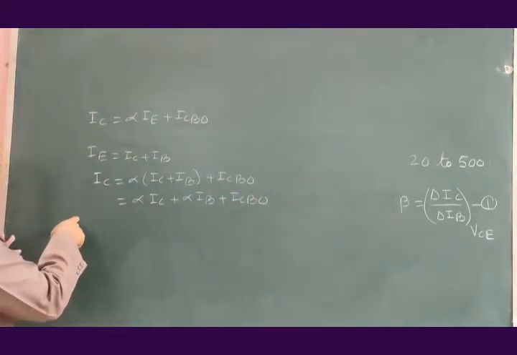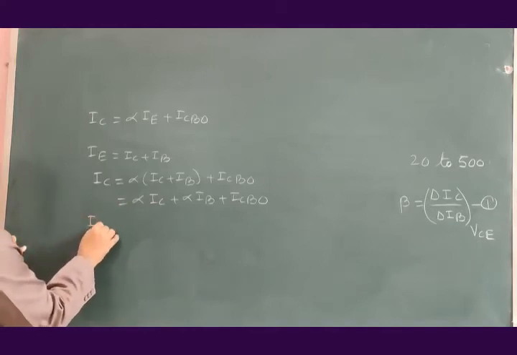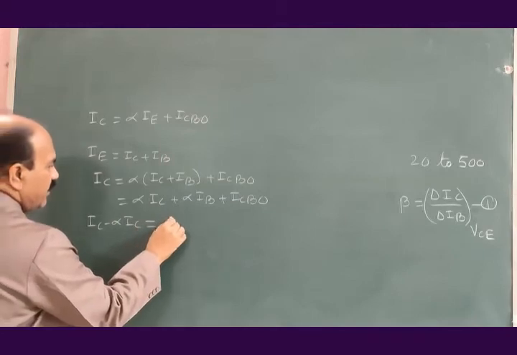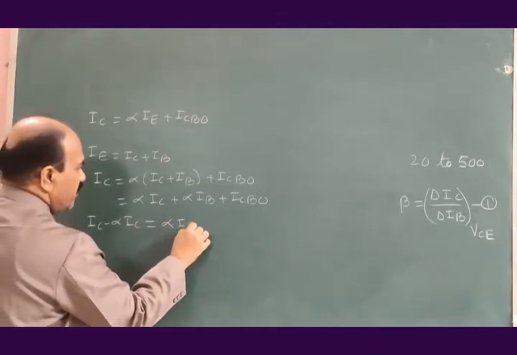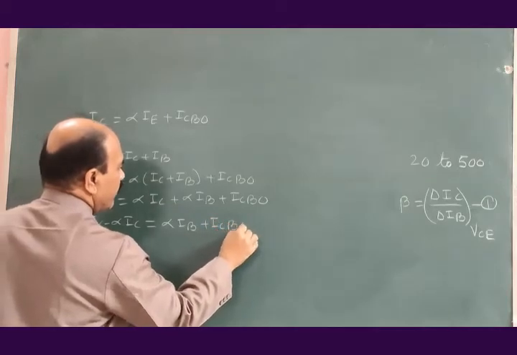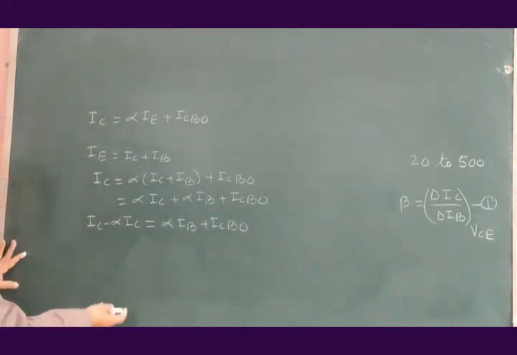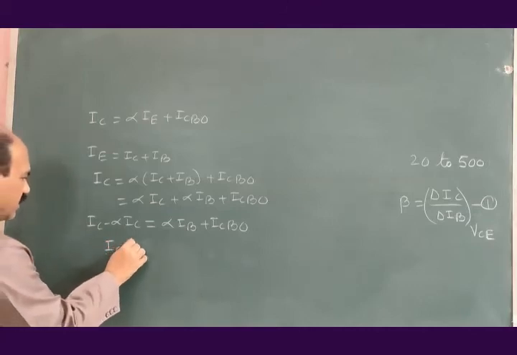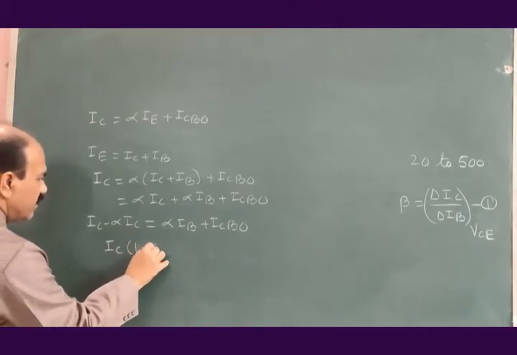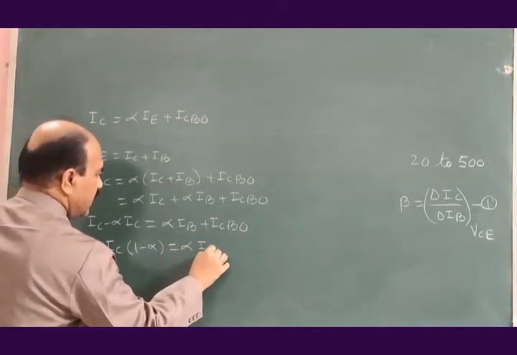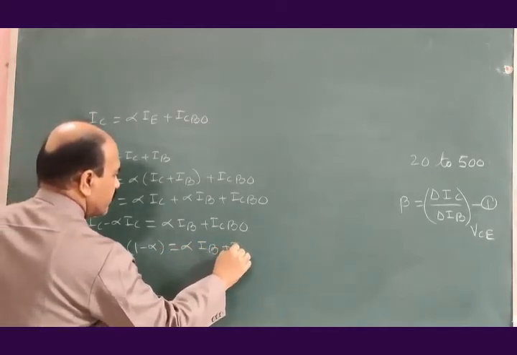This alpha times IC can be taken to this side. So this equation will be right. Then IC can be taken common. What is left here is 1 minus alpha. RHS is this.